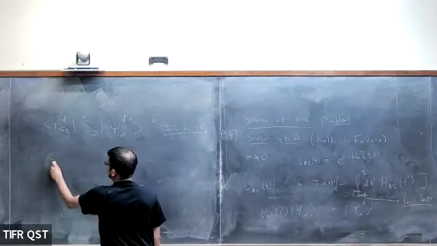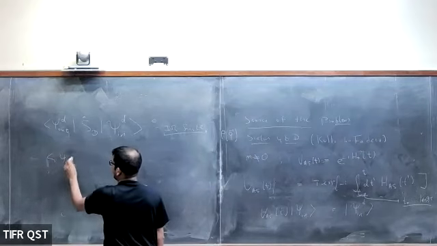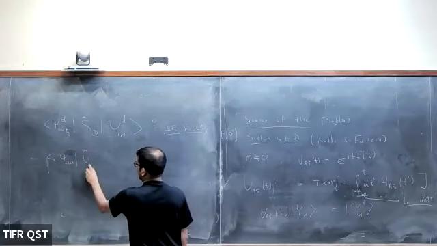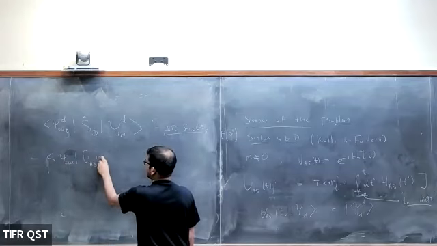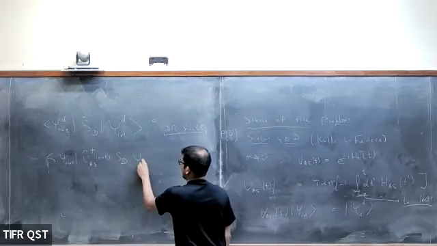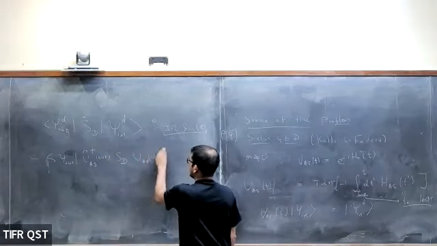Because what is this? This is psi out, which depends on the out states, of course, dagger S B UAS, which depends on the in state, I2.